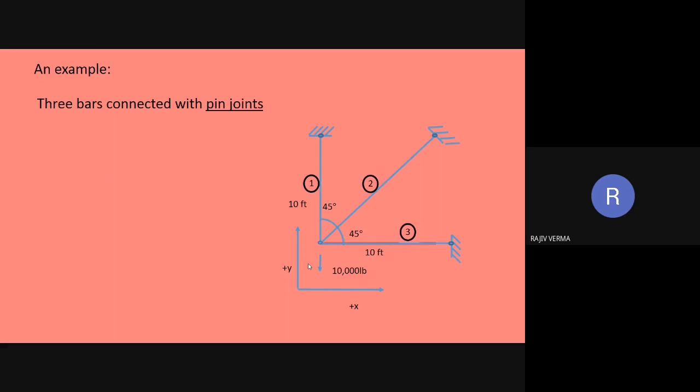Each of the bars is going to be taken as an independent element, and this corresponds to the global node numbering. You can very well see that each of the bars has been taken as an independent element. Each element has two nodes at the two ends, and there happens to be a global reference frame also.